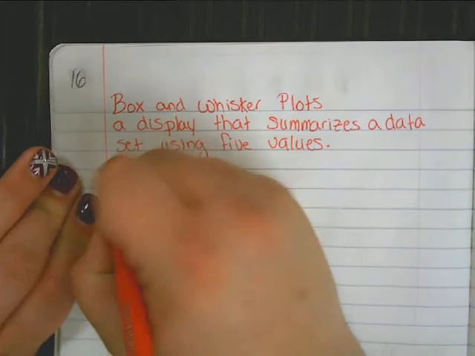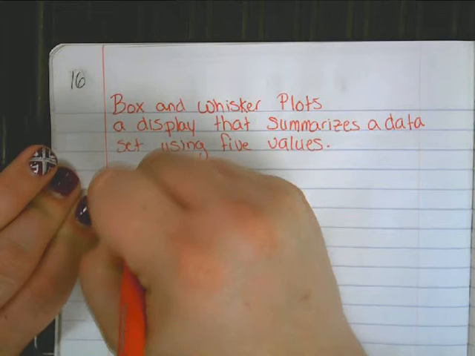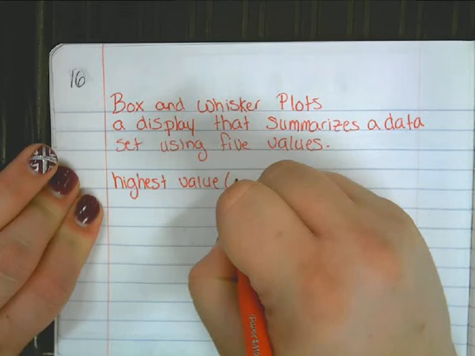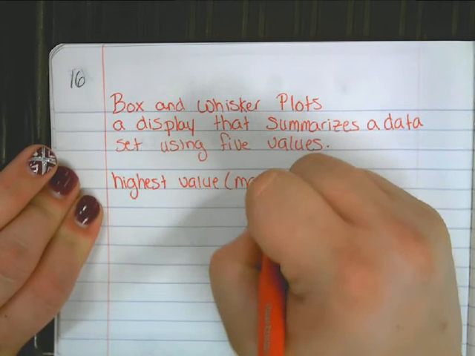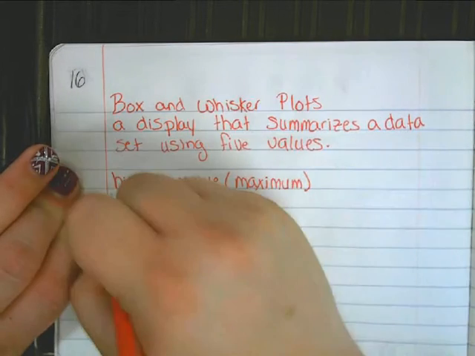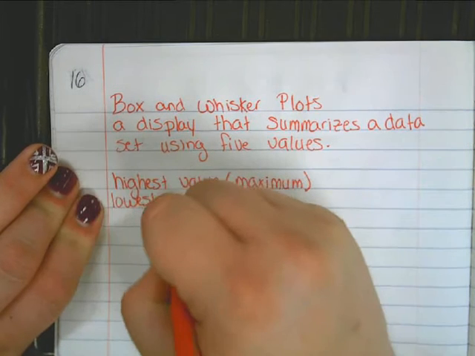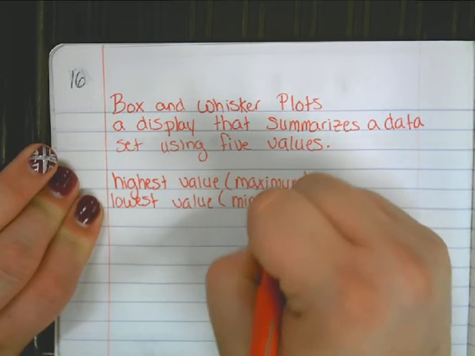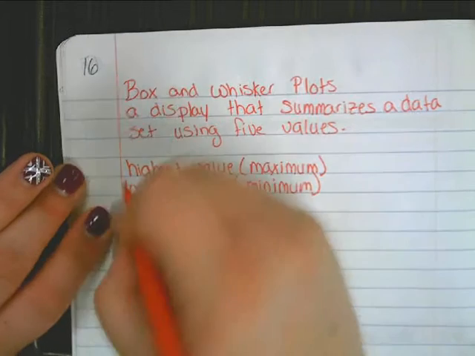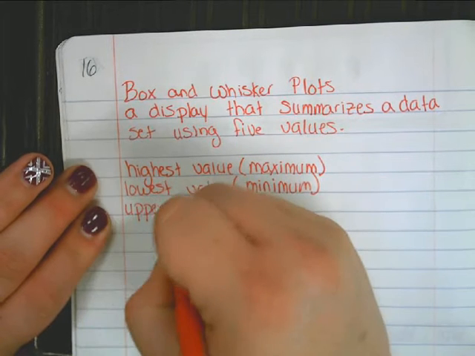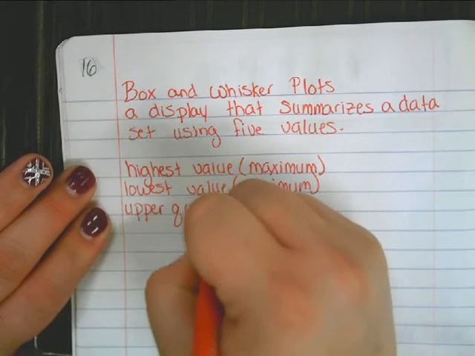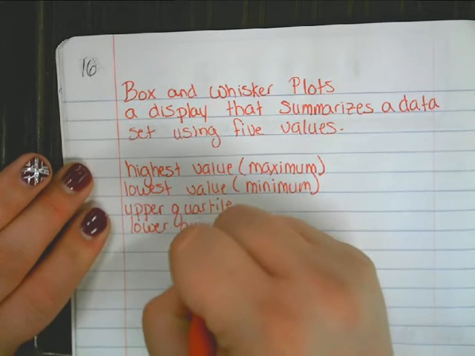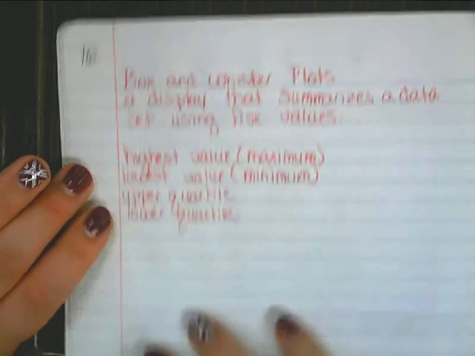Those 5 values are known as your highest value, which may also be called your maximum, your lowest value, which could also be called your minimum, your upper quartile, your lower quartile, and your median.